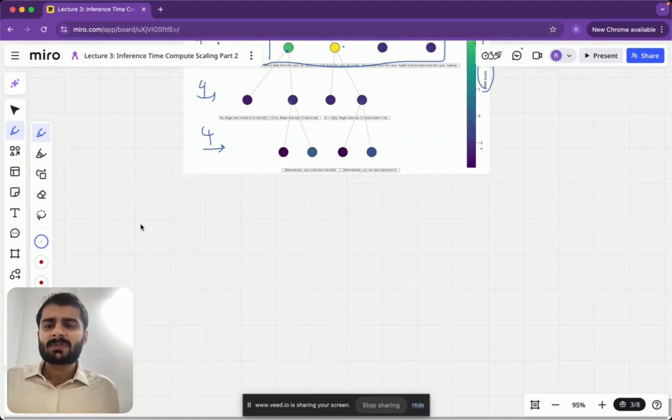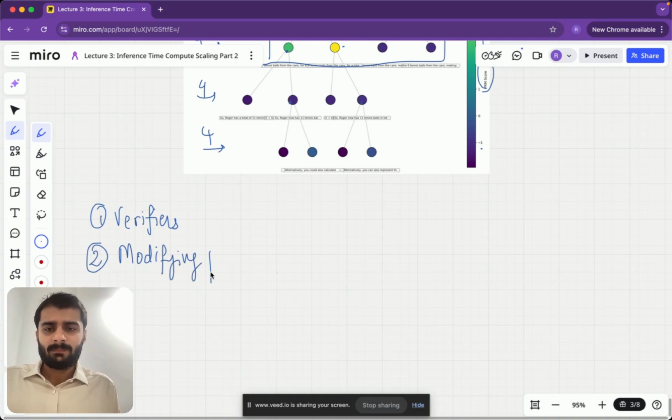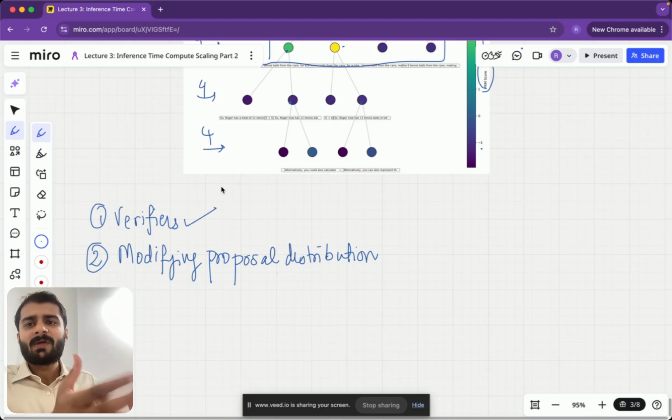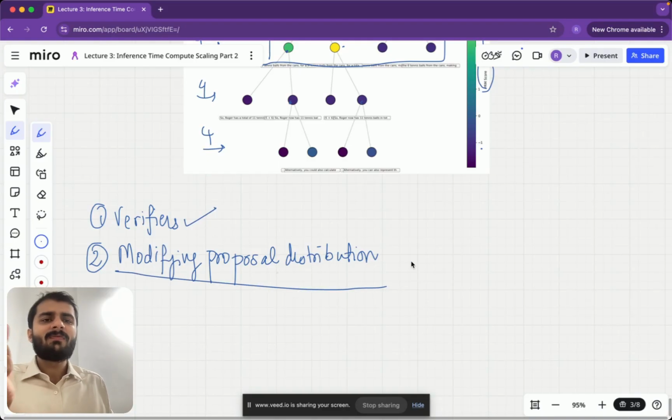One category is, of course, verifiers, which you will be able to understand after going through this lecture properly. The second category which they mention is modifying proposal distribution. Verifiers is where you have a verification layer which grades your answers. But proposal distribution is modifying the answers which are generated in the first place.